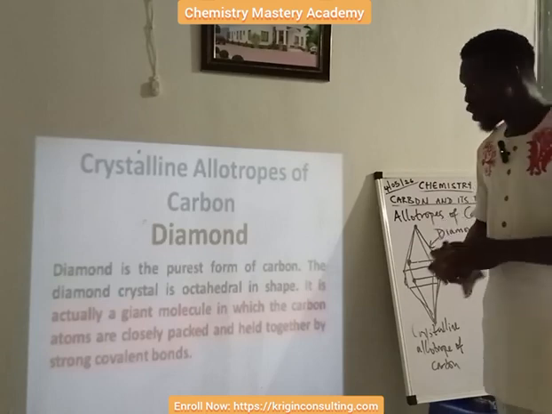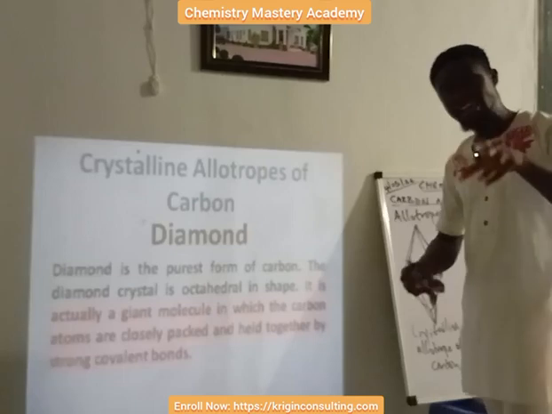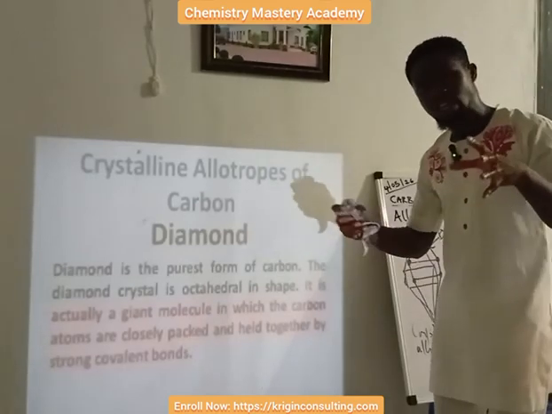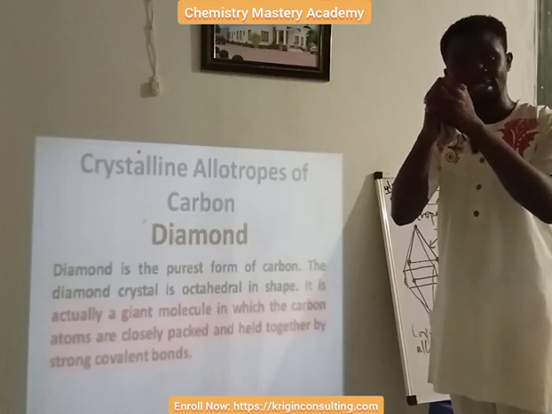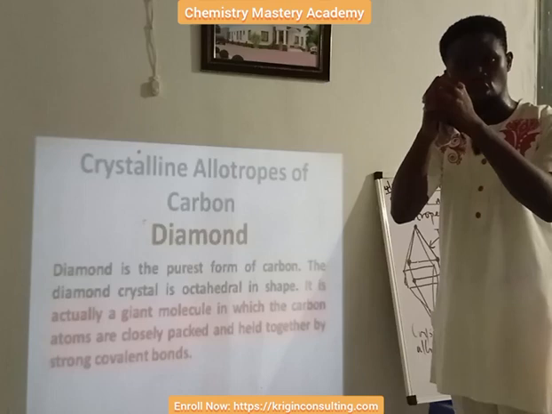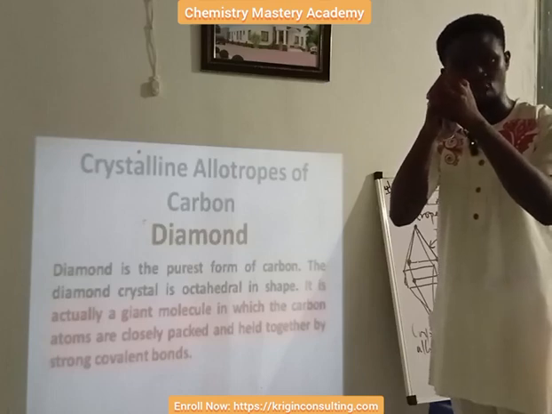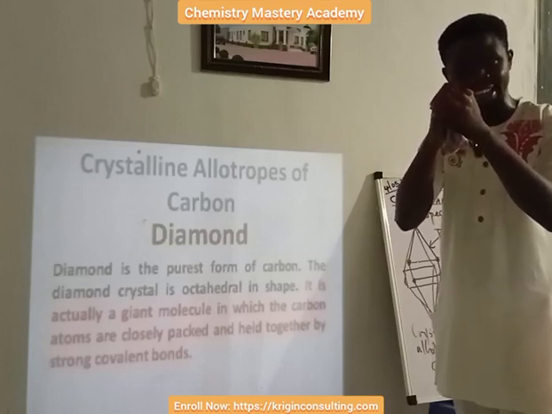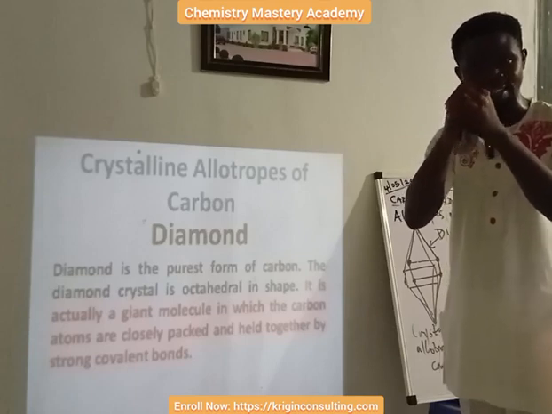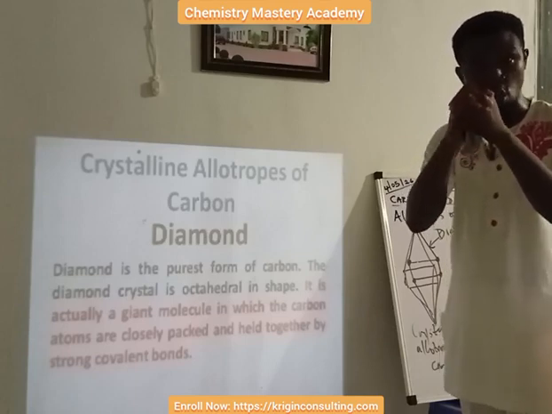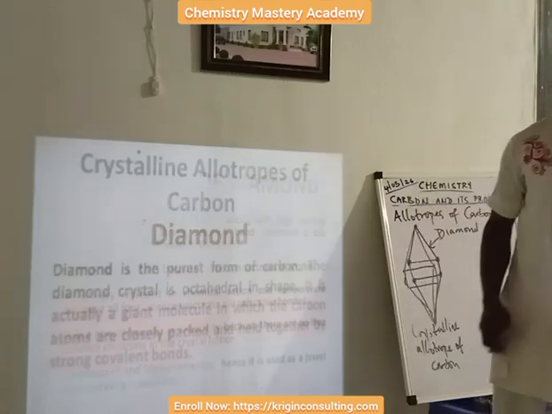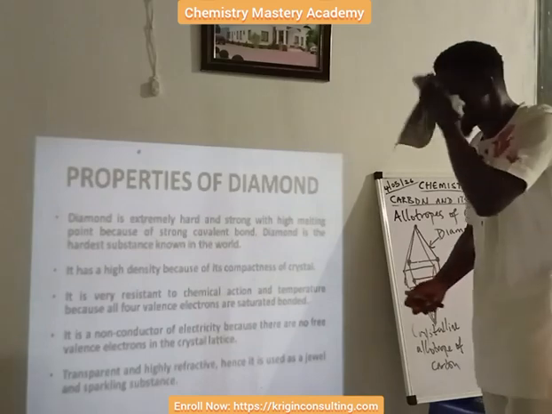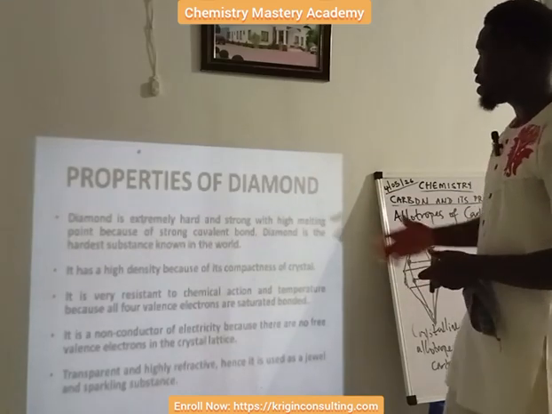So what we are saying now is that in diamond, the particles are closely packed and the bond that is responsible for holding these carbon atoms together is the covalent bond, specifically the coordinate covalent bond.